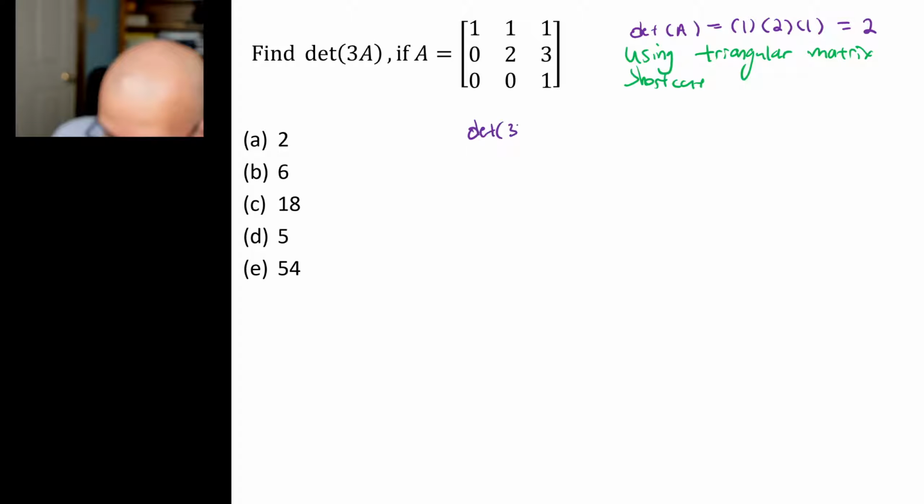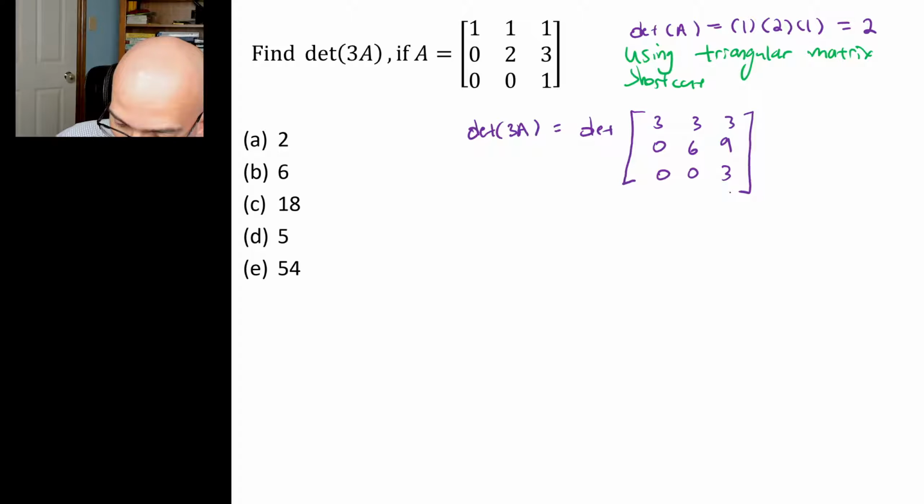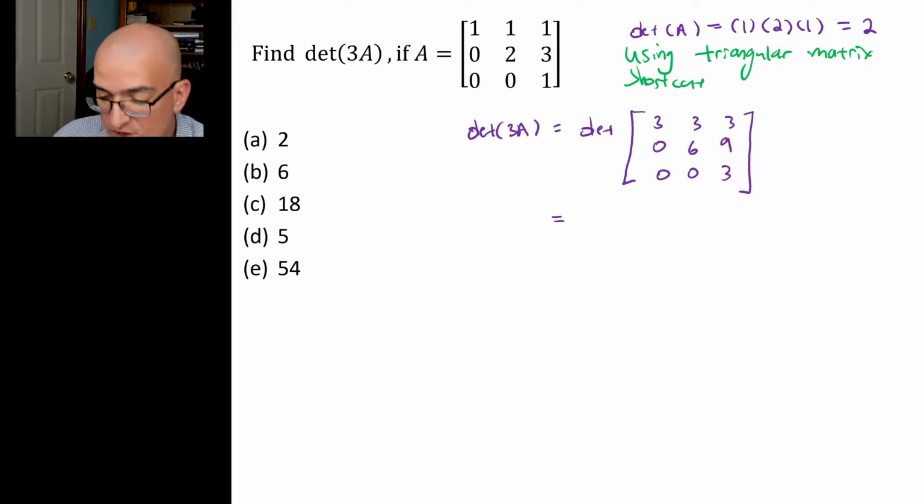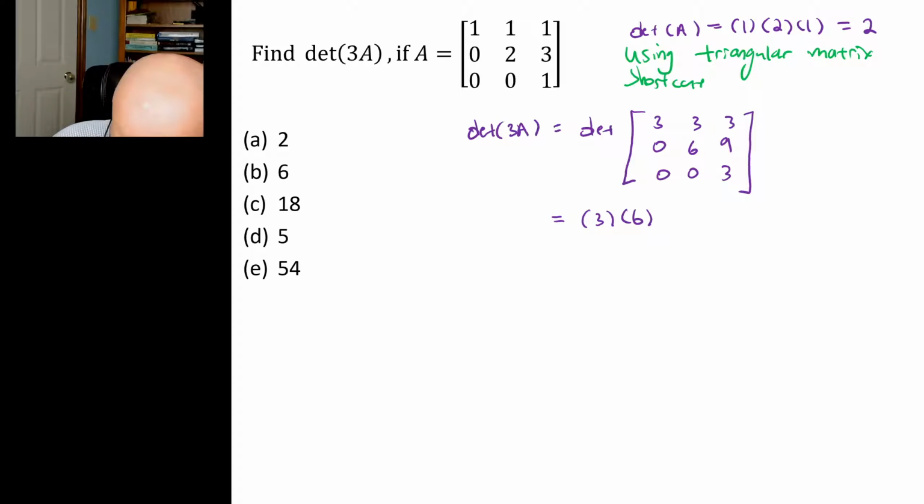Determinant of 3A is the determinant of, let's replace all those entries by whatever they are times 3. So 3, 3, 3, 0, 6, 9, 0, 0, 3. Okay, and now we still use the triangular matrix shortcut, so it'll be 3 times 6 times 3, which is 18 times 3, which is 54.